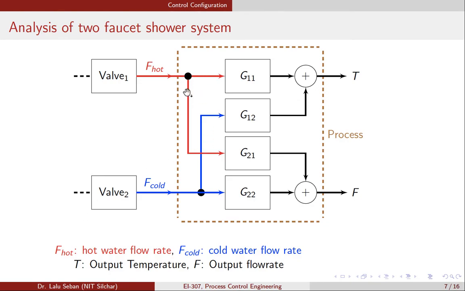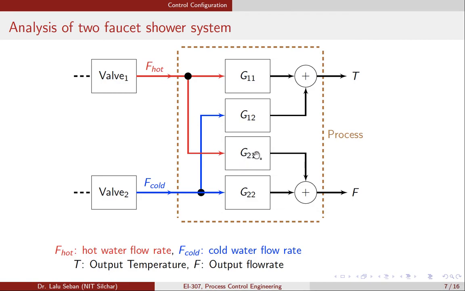This is how the relation exists. Mathematically, we can show it like this. Schematically, we can show it like this. The hot water flow rate can affect both the output temperature and output flow. Say the mathematical relation between the output temperature and hot water flow rate is G11, and the mathematical relation between output flow rate and the hot water flow rate is G21.